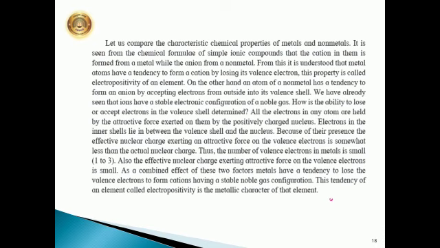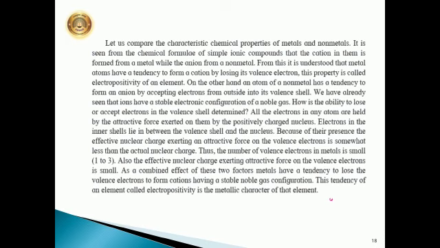Electrons in the inner shell lie between the valence shell and the nucleus. Because of their presence, the effective nuclear charge exerting an attractive force on the valence electrons is somewhat less than the actual nuclear charge. As the combined effect of these two factors, metals have the tendency to lose the valence electrons to form cations having a stable noble gas configuration.